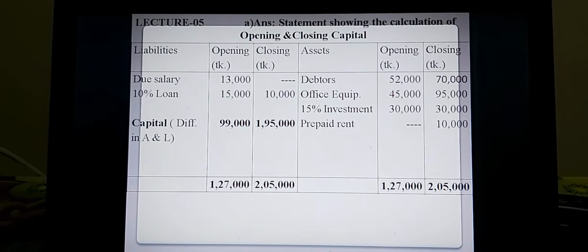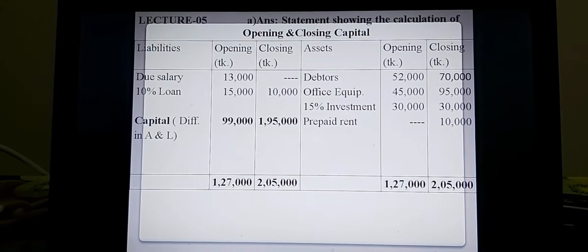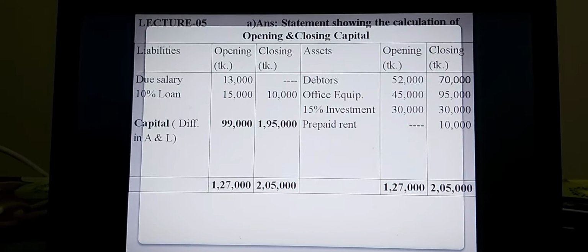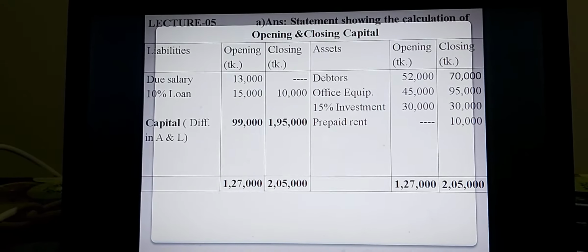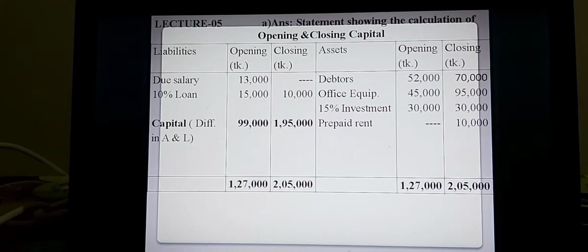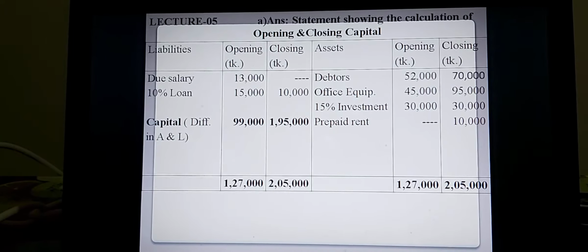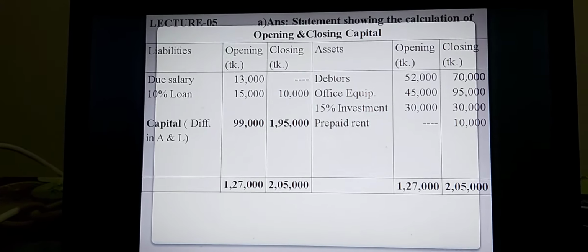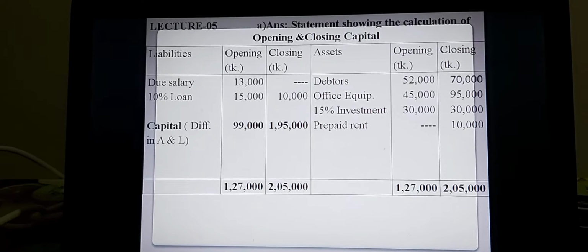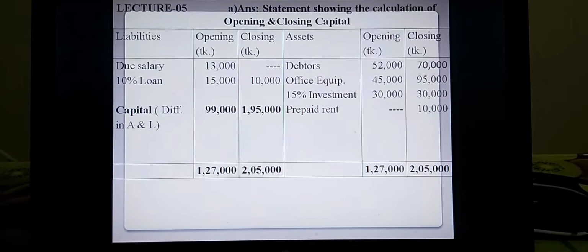At this moment, total of opening assets is taka 1,27,000 and opening liability taka 28,000. So in this stem, opening capital is taka 99,000. The missing amount of the first column, that is the opening column, is taka 99,000, indicated as opening capital.